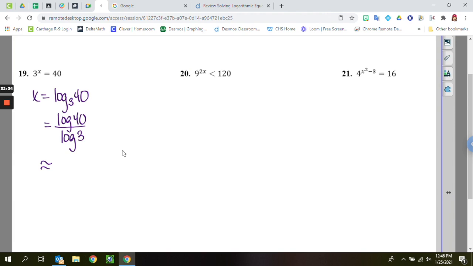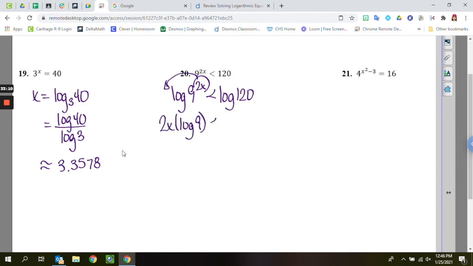So that gives us approximately 3.357 feet. $20, either way will work. So if we go with log of 9 to the 2x is less than log of 120. Bring the 2x out front. Log of 120, divide.